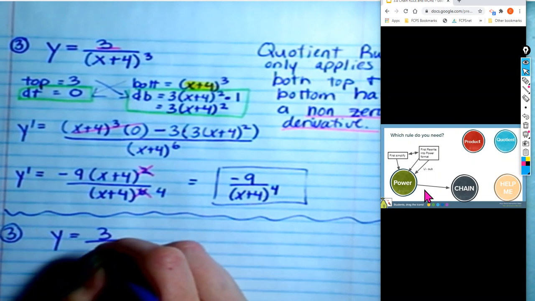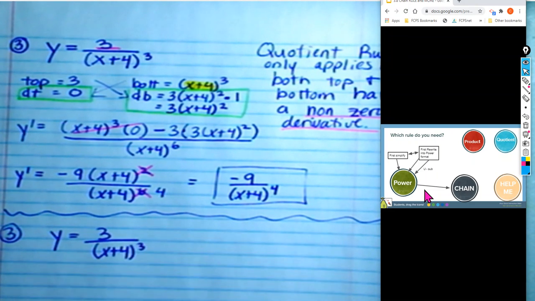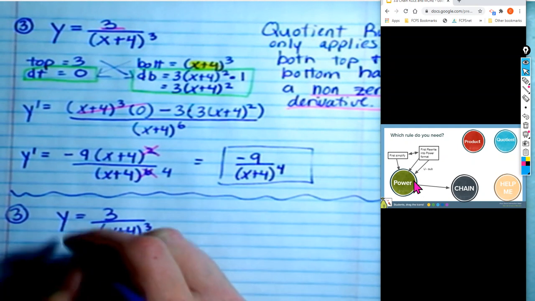Because as I'm looking at this, I see that 3 has a derivative of 0. And so my question is, can we rewrite this into power format using our U sub?